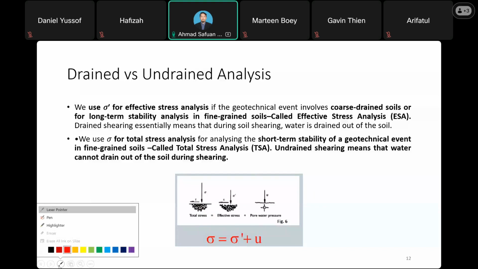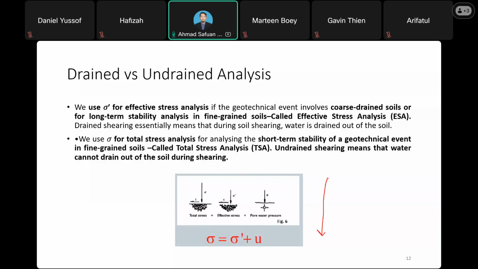For example, this is the depth. We retrieve the soil at 3 meters deep. The soil unit weight is about 17.